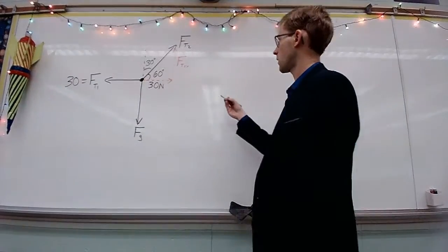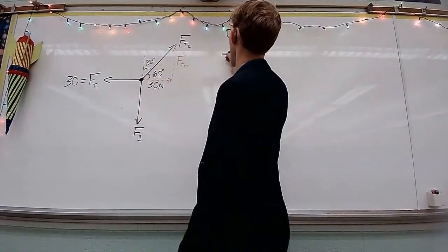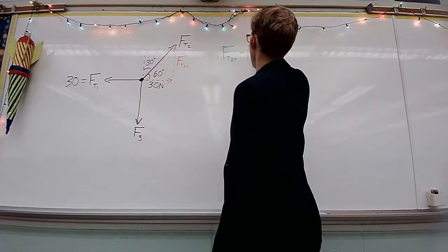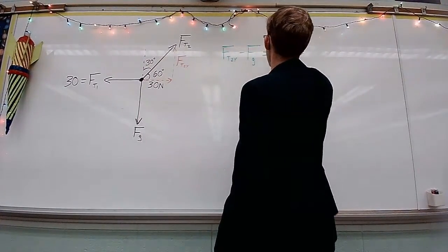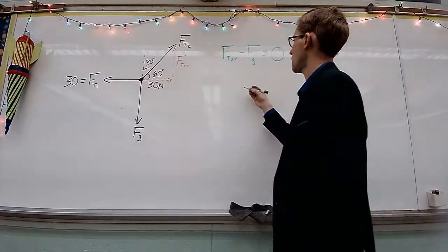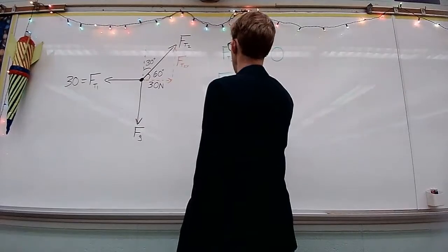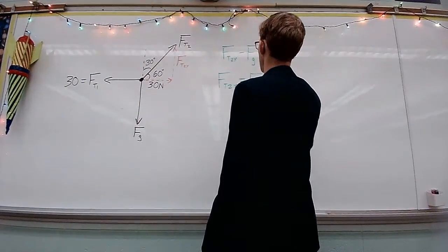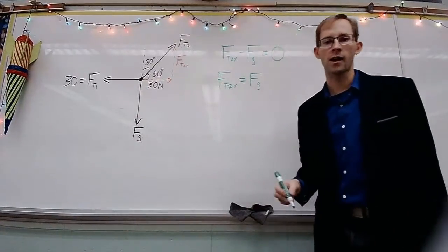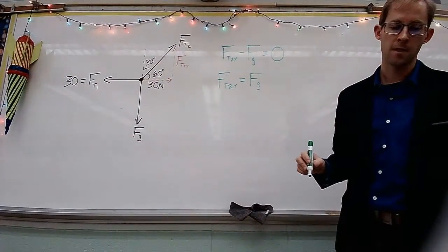And so what's going on vertically? Well, I've got FT2y going up. I've got gravity going down, so I subtract them. FT2y minus gravity equals 0. Therefore, FT2y is equal to force of gravity. So all I got to do is find FT2y in order to get my gravity.